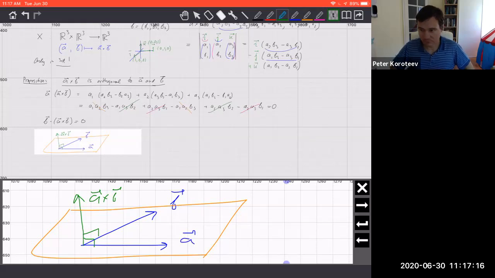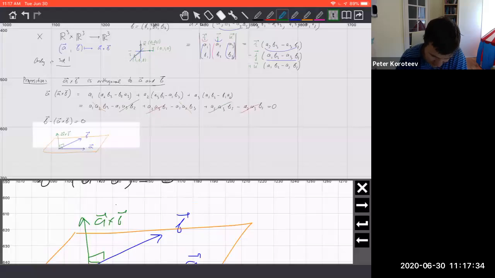So it goes into the third direction. So that's the first part of the geometric meaning of the cross product.